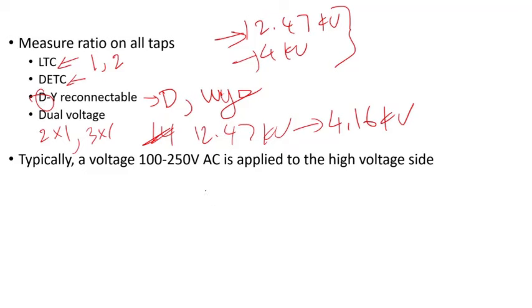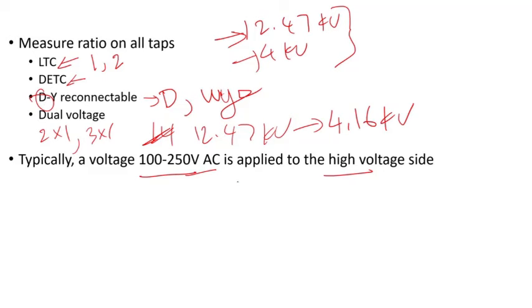So typically a voltage in the range of 100 to 250 volts AC is applied to the high voltage side. You can see if you have a very high voltage, 345 kV, for instance, line to line, it's going to have a lot of turns. So the accuracy basically will go down if you apply like 50 volts or 40 volts. As you increase that voltage, the accuracy goes up.